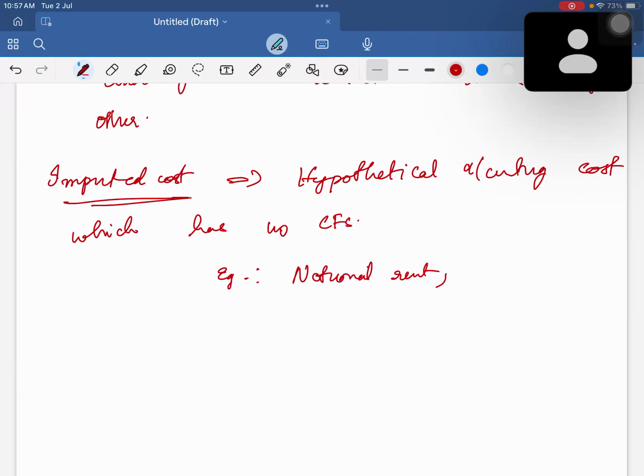You have to think all the way. Next is depreciation. Depreciation in its existence is not something that has a real cash flow, but it is there in accounting terms. So that is also an imputed cost.